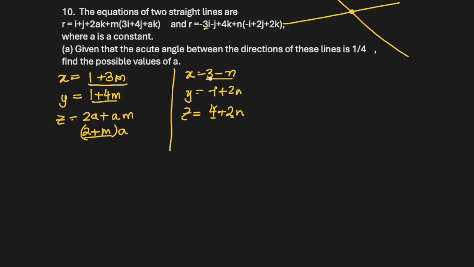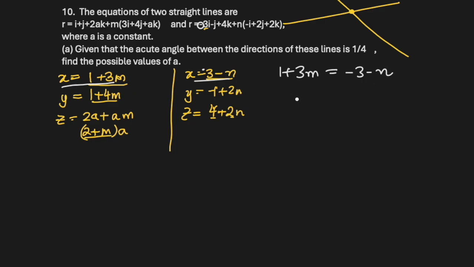And actually it is not 3 minus n, it will be minus 3 minus n. Can you see here there is a minus which I ignored, so it will be minus 3 minus n. Since they are intersecting, this x will be equal to this. So 1 plus 3m should be equal to minus 3 minus n.